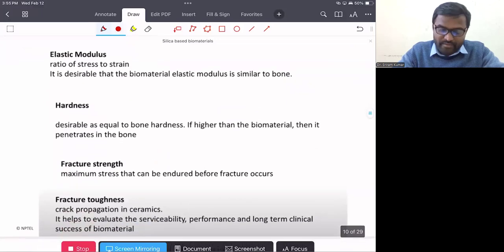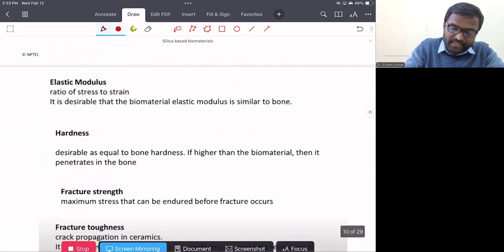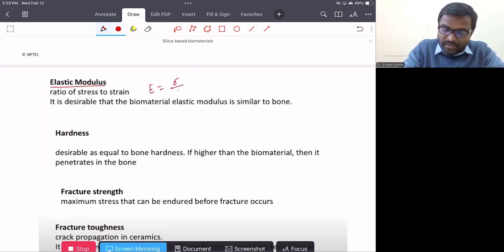And we have another important parameter based on this relationship, that is the elastic modulus. As I explained, that is equal to sigma by epsilon, and based on this we can calculate the Young's modulus. If you want to develop biomaterials for bone replacement, we need to have a modulus comparable to the bone.